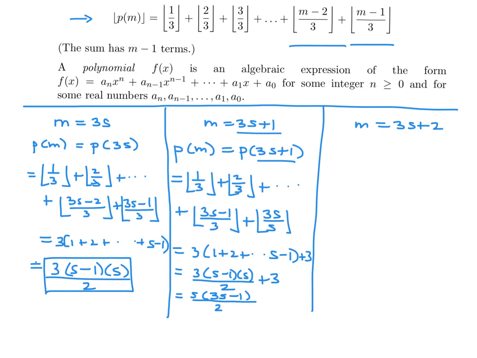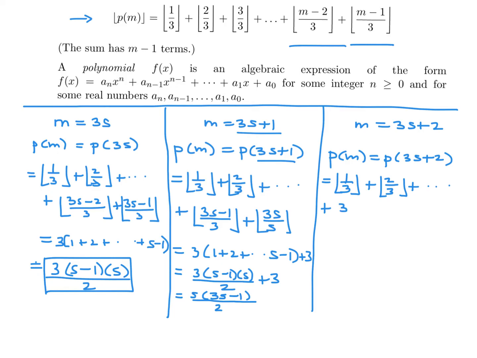All right. And then finally, P at m when m is equal to 3s plus 2 is 1 over 3 plus 2 over 3 dot, dot, dot, and all the way. Okay, so we have to put in 3s plus 2.